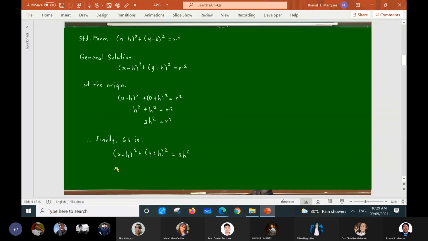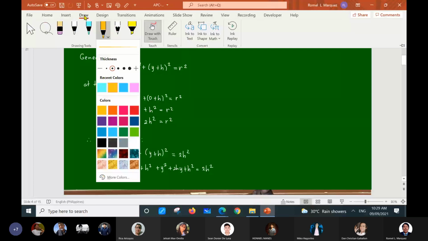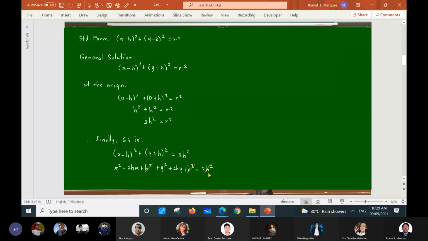Okay? X squared minus 2HX plus H squared plus Y squared plus 2HY plus H squared equals R squared. But what is R squared? 2H squared, right? So this is removed, or this is eliminated. Right? We get what?